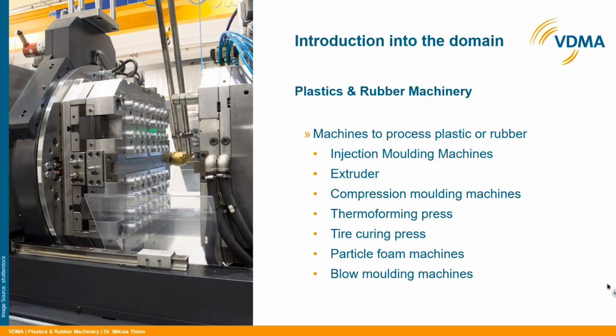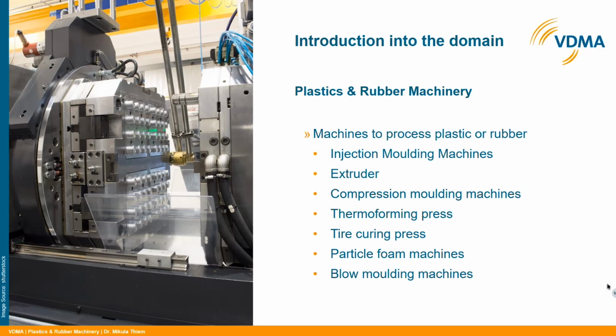Then there are also thermoforming presses for cups and bowls, tire curing presses for tires, obviously, particle foam machines for example, styrofoam for building insulation or packaging, and also blow molding machines are another machine type for bottles and canisters, for example.